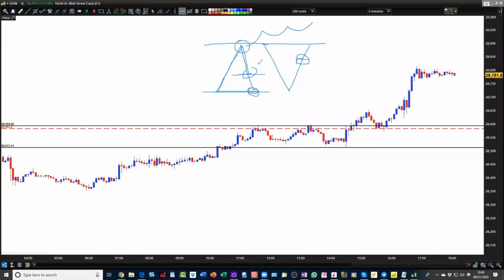So this is not 100% successful. Nothing is 100% successful. This setup isn't 100% successful. In fact, a study was done by one of my scalper school graduates. He took 9 months worth of data. This study is a couple of years old now.